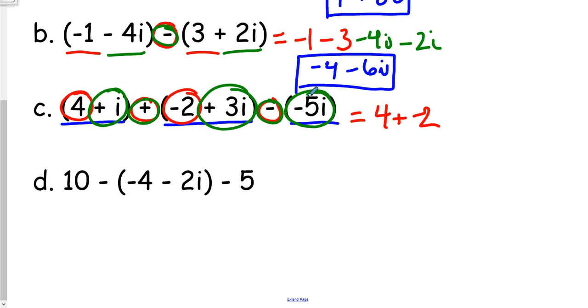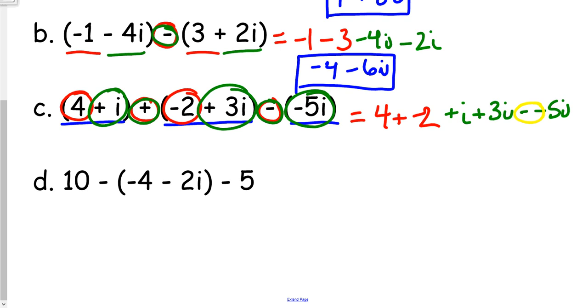So I'm going to write that out, where I have a positive i plus a 3i, and then I'm subtracting a negative 5i. Well, I've got a double negative here, so hopefully we remember what happens with double negatives, where they really become positives.